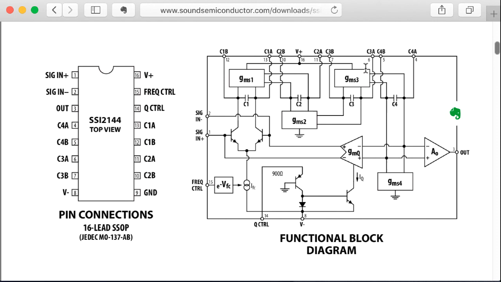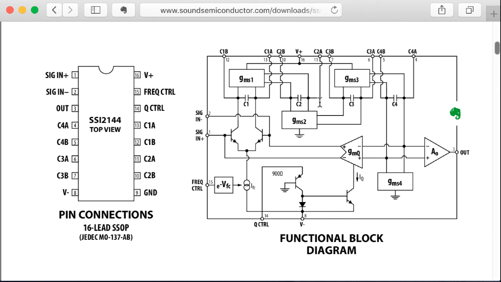Instead of having standard OTAs with 2 voltage inputs and a current output, the 2144 and the SSM2044 before it have differential OTAs. So there's still a plus or minus voltage input, but the output actually has a plus and minus current.